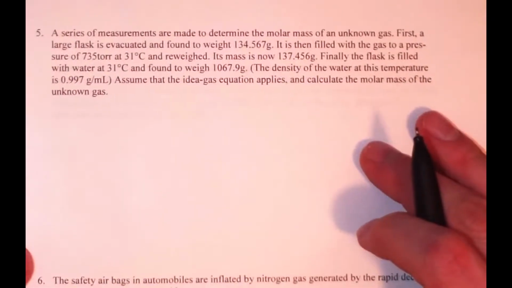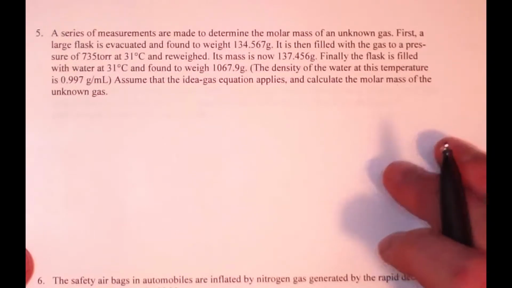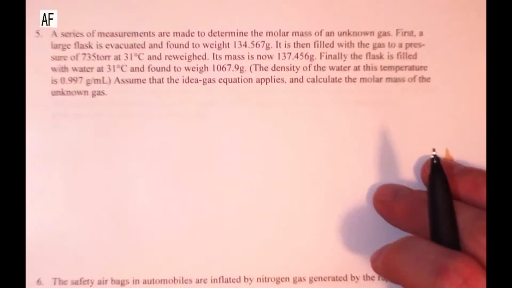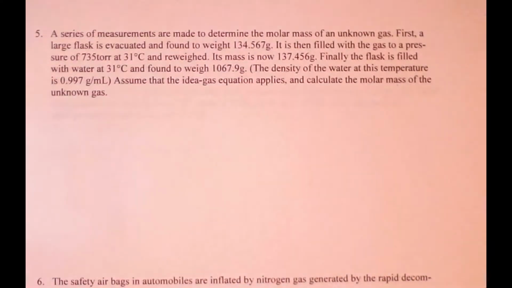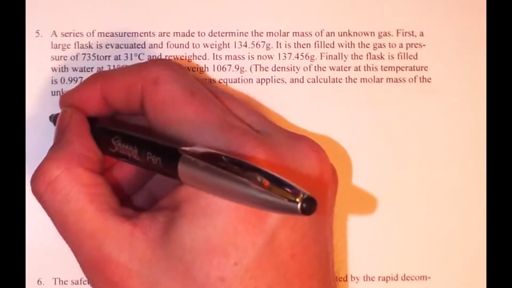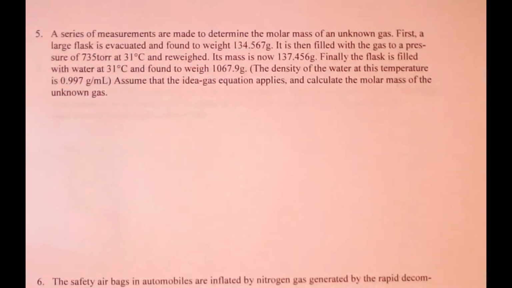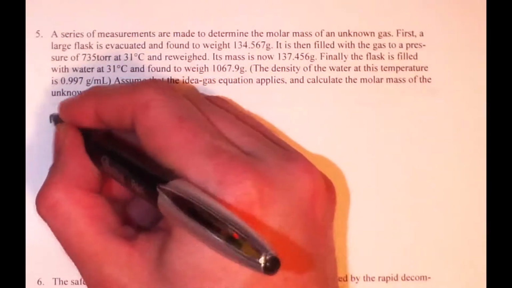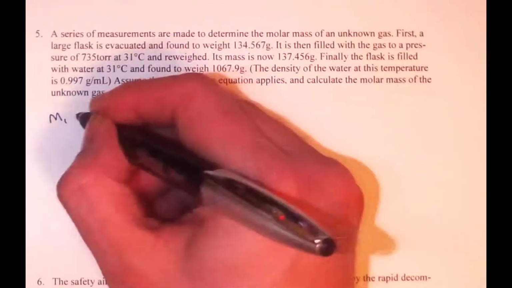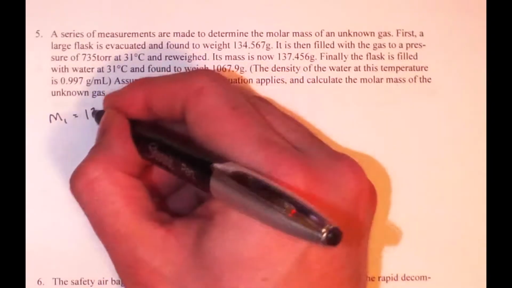So for number 5, we've done a question very similar to this in class. It says a series of measurements are made to determine the molar mass of an unknown gas. First, a large flask is evacuated and its mass is found to be 134.567 grams. Let's call it mass 1.